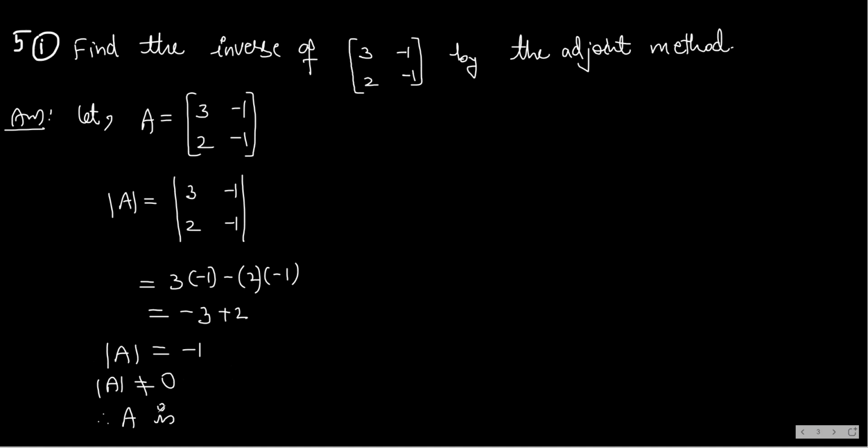Therefore, A is a non-singular matrix. And if A is a non-singular matrix, what will happen? A inverse exists. Okay. Let us start solving for A inverse.